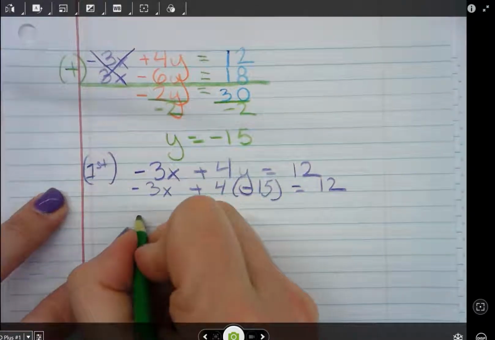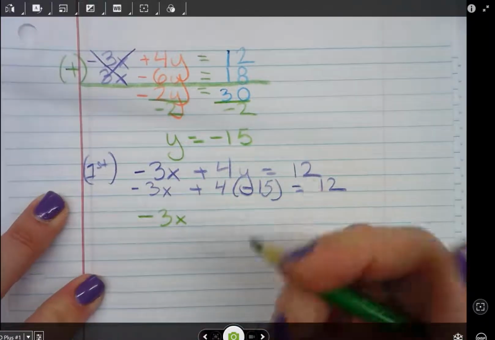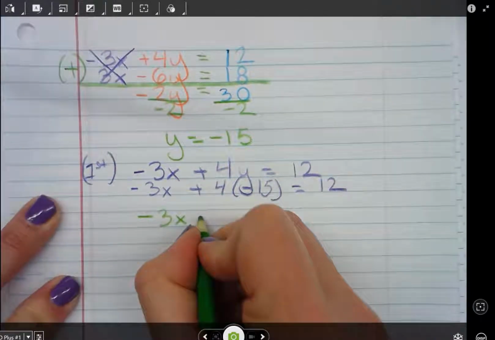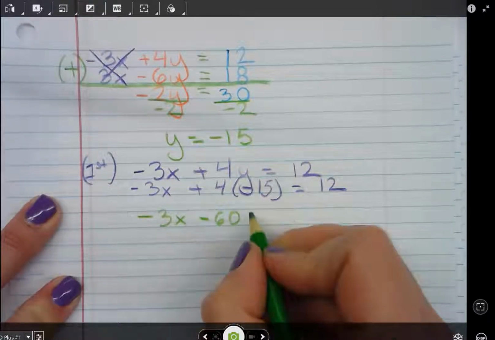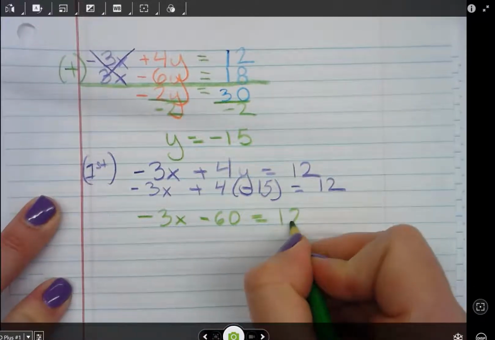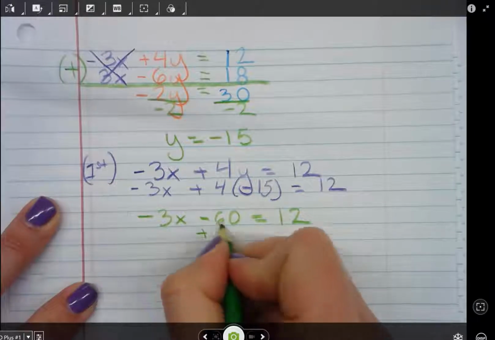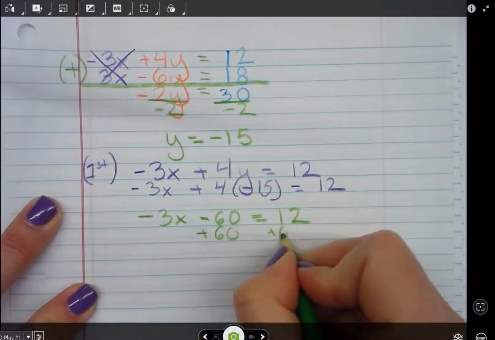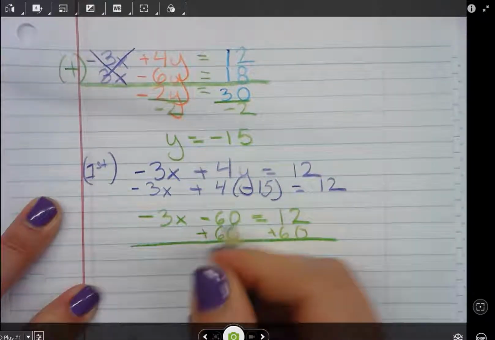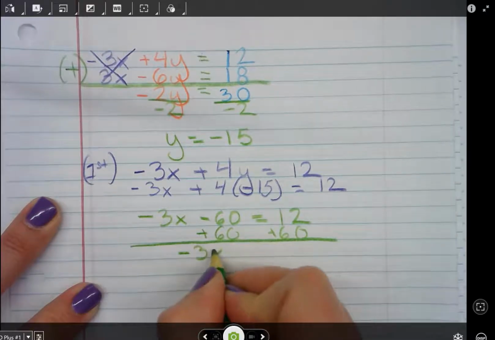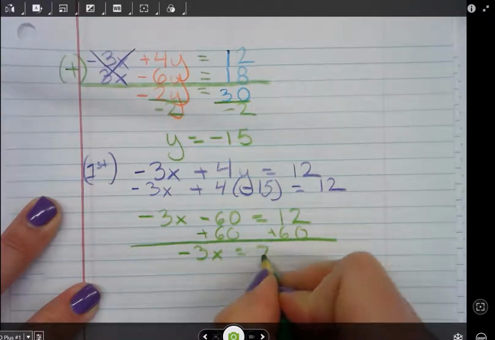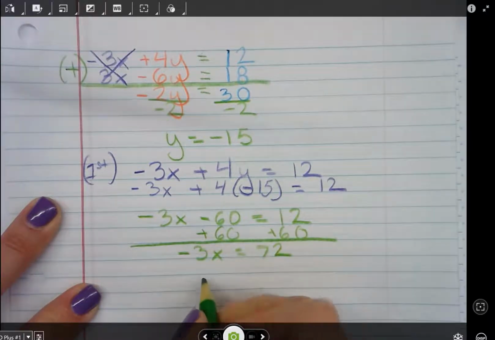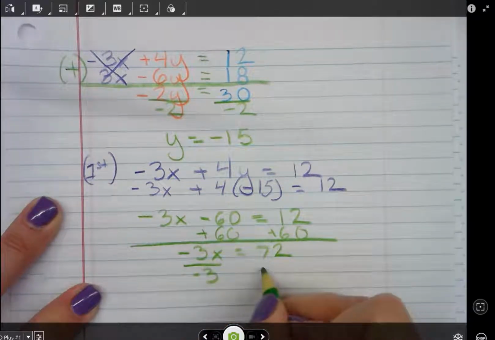So we have -3x minus 60 equals 12. I'm going to move the constant term to the other side of the equation to isolate the variable. Divide both sides by the coefficient.